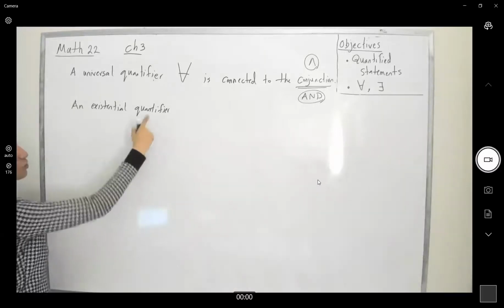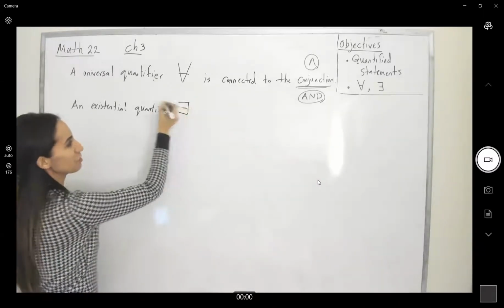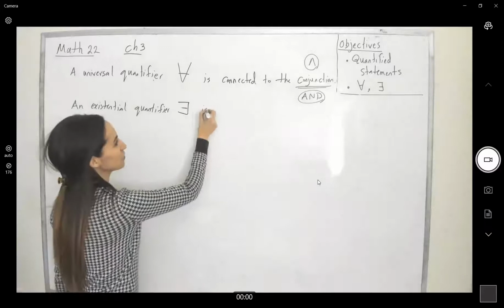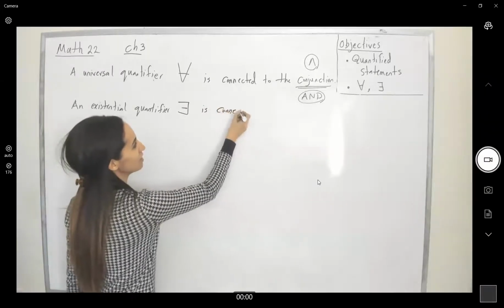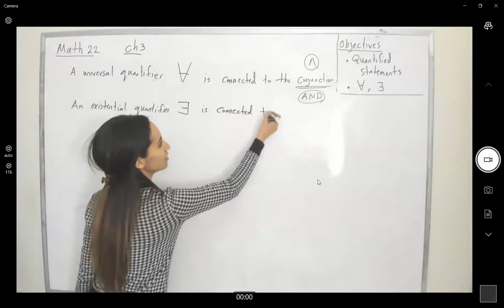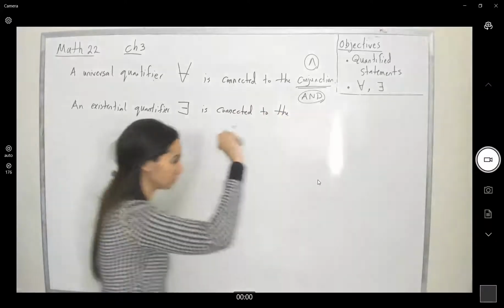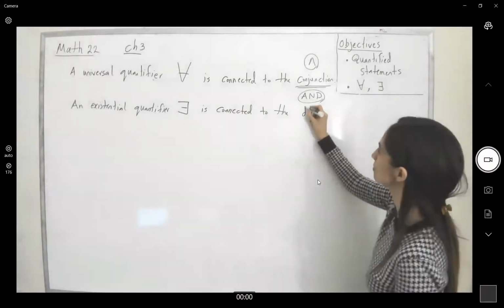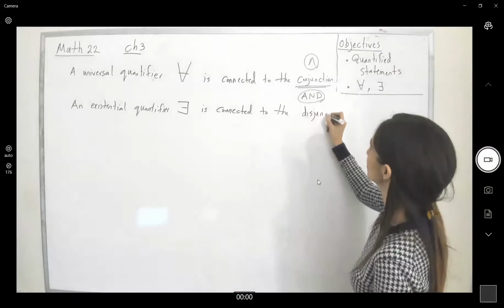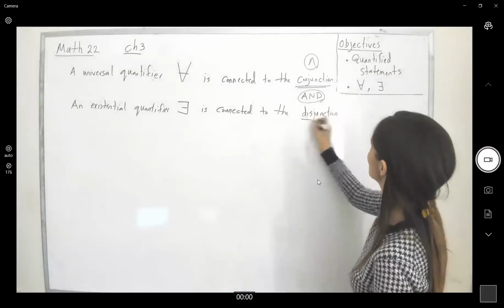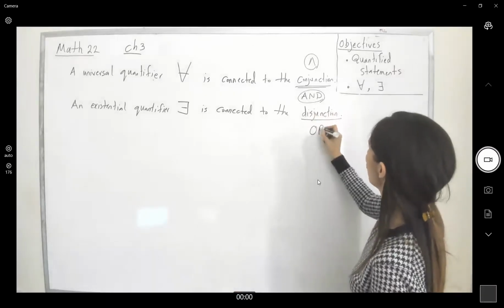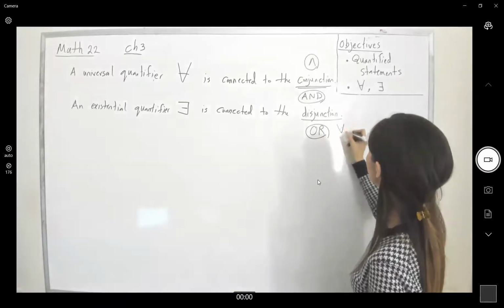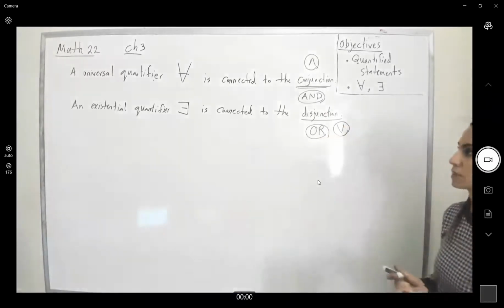And an existential quantifier, flipped E, is connected to the disjunction, disjunction or OR. That makes sense.